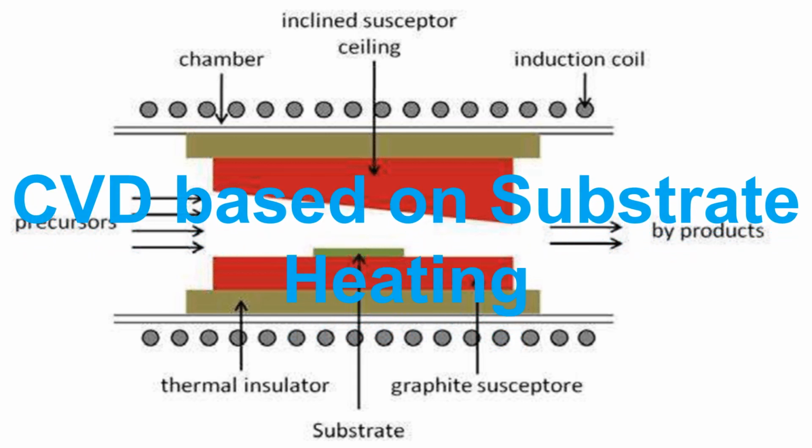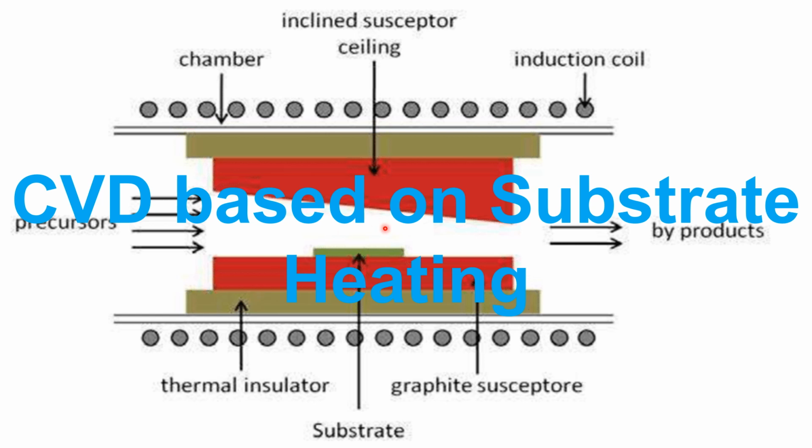Different CVD processes may be based on the heating of a substrate. Usually, the CVD process based on the heating of substrate is divided into two types.